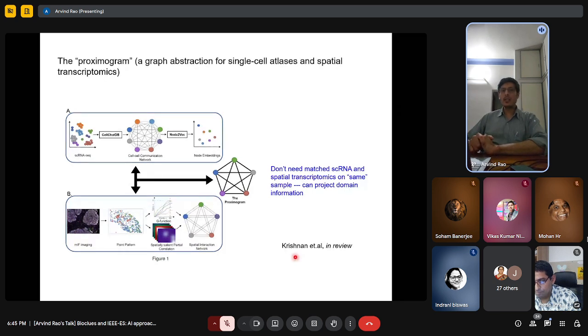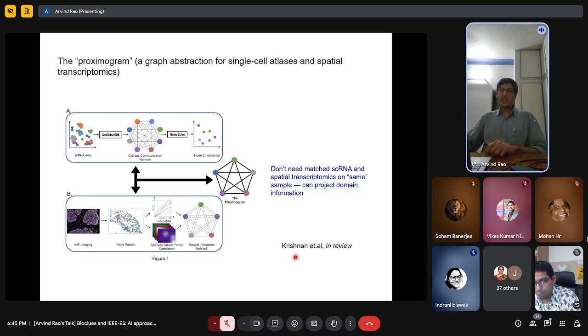The question that we were trying to ask was, is there a way to meld single cell non-spatial data with spatial non-single cell data, and can you combine the two to obtain an object that you can do machine learning on that combines the best of both worlds?